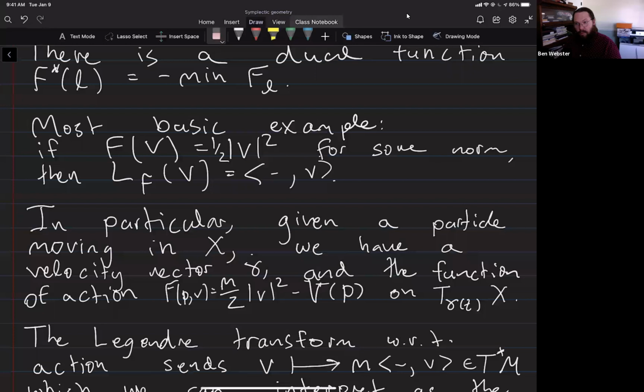And what we want to do is fiber-wise Legendre transform. And I am sorry about this. If there's anything more confusing than Lagrange's name being on everything, it's also that there's a bunch of stuff that both Lagrange and Legendre worked on.